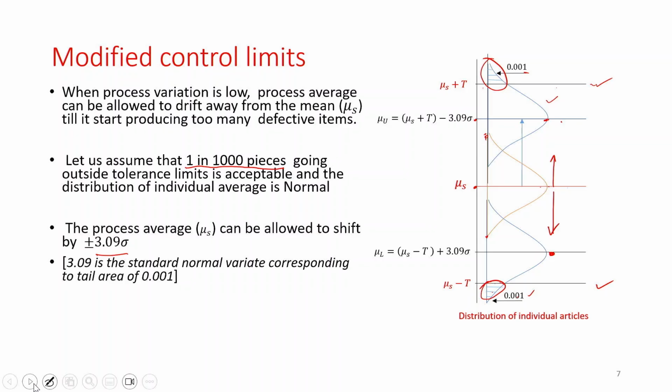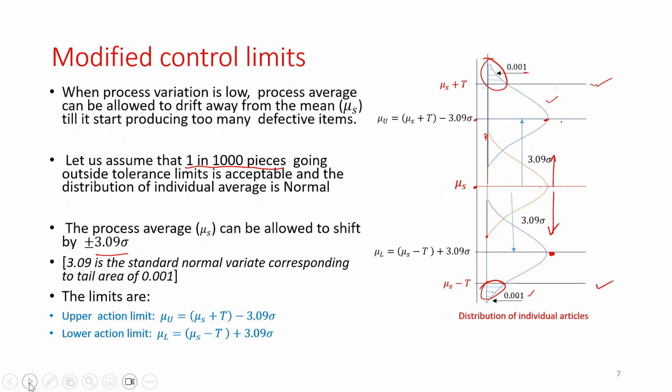So for that case, the limits will be now how much? Mu s plus t is the original tolerance. We can allow the mean to shift maximum to this much, and therefore the limit will be mu s plus t minus 3.09 sigma. On the other side, it will be mu s minus t plus 3.09 sigma. These two are the upper and the lower limits of average.